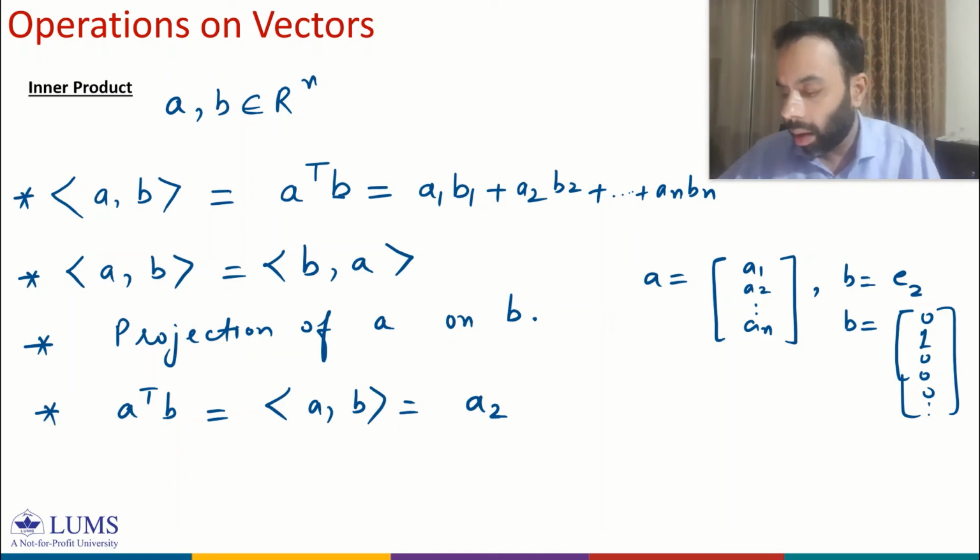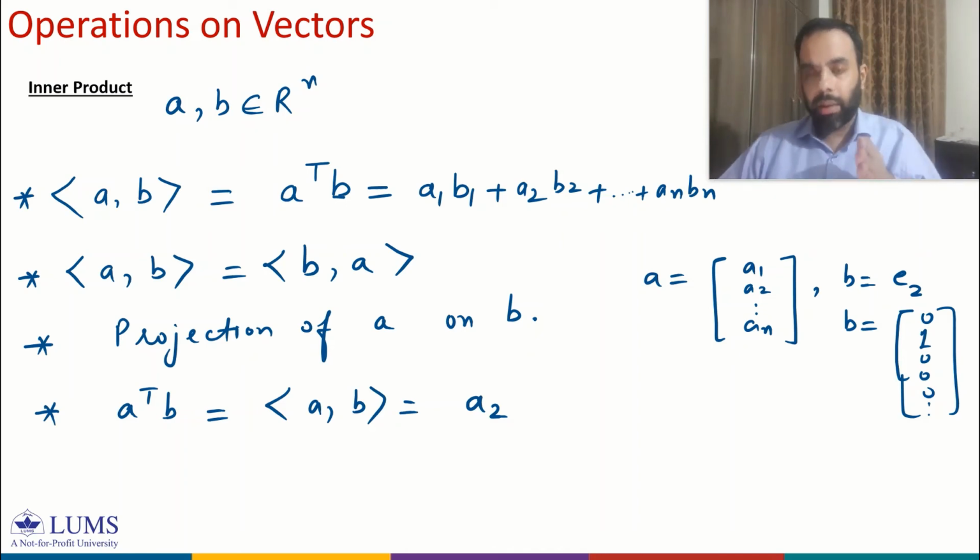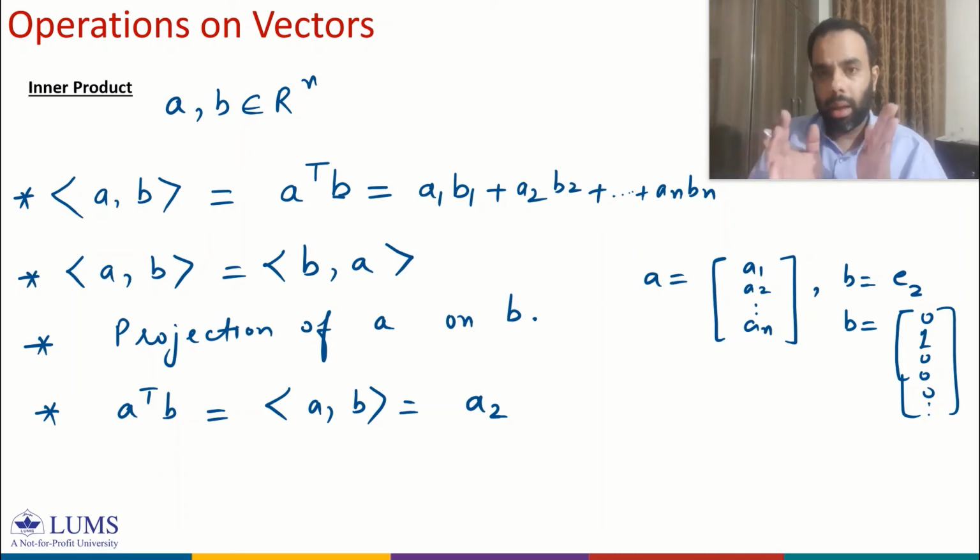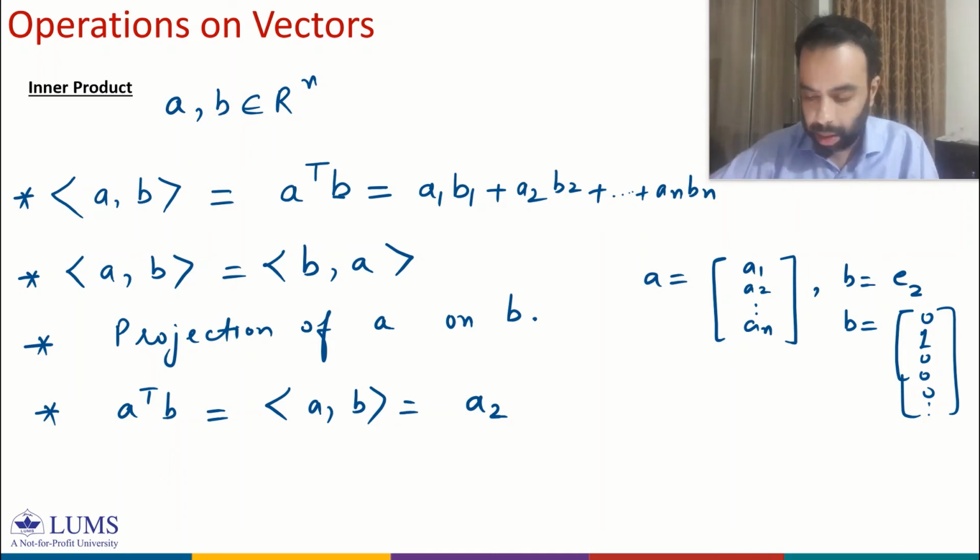And if we recall, a2 quantifies the contribution of e2 in a. So we can say when you take inner product of a and a standard unit vector e2, we get a projection of a on e2. This is just the first glimpse. We will talk about this in more detail as we progress.